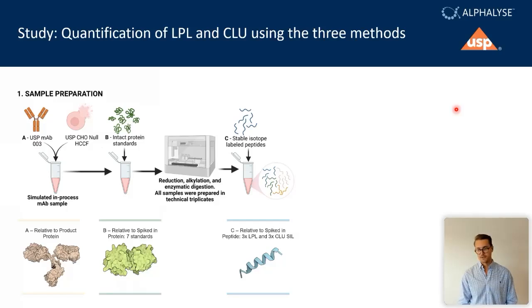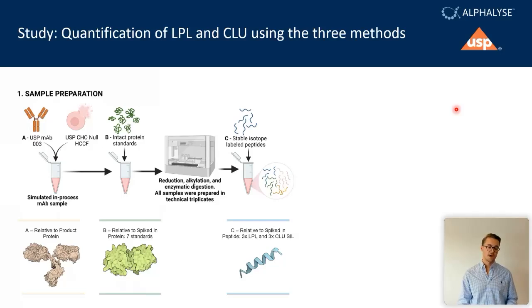starting point to move forward. To do this, for the study itself, we combined a USP mAb 003 with a null HCF, which was known to contain LPL and clusterin. Here, peptides from the protein, or the mAb, were used for method A. This was followed by spike-in of intact protein standards, to be exact 7 different ones, which would be used for method B. In this case, we would use beta-lactoglobulin as the reference standard for quantitation.